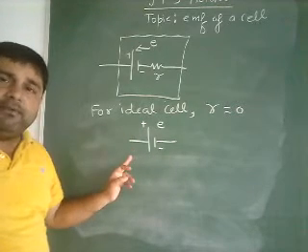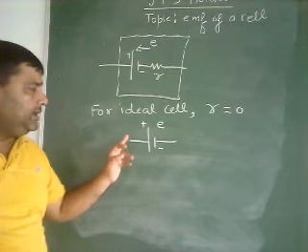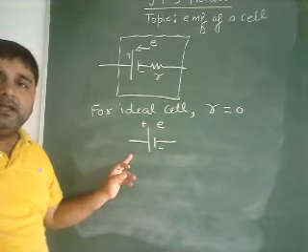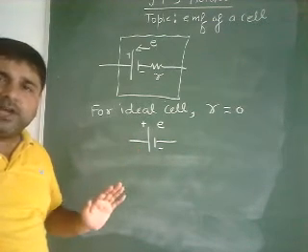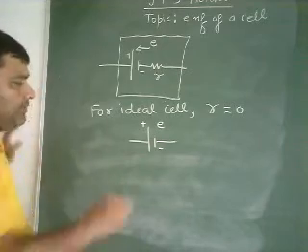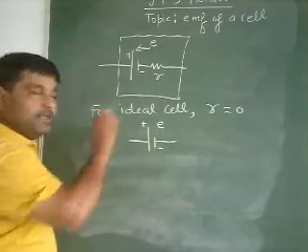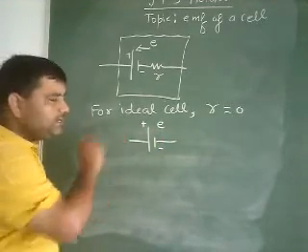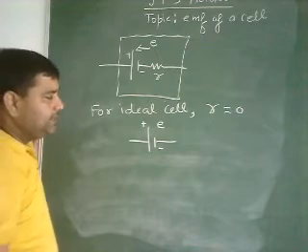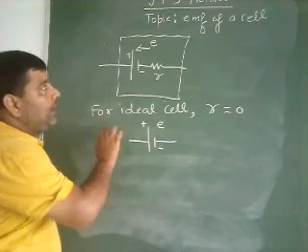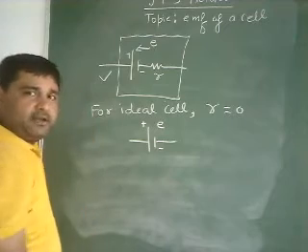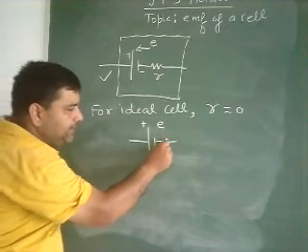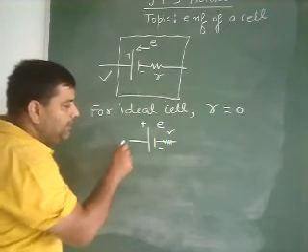So the EMF of a cell is defined in terms of work done upon charge. First of all, I complete the circuit. I use this cell in a circuit. This is the practical cell having internal resistance r.